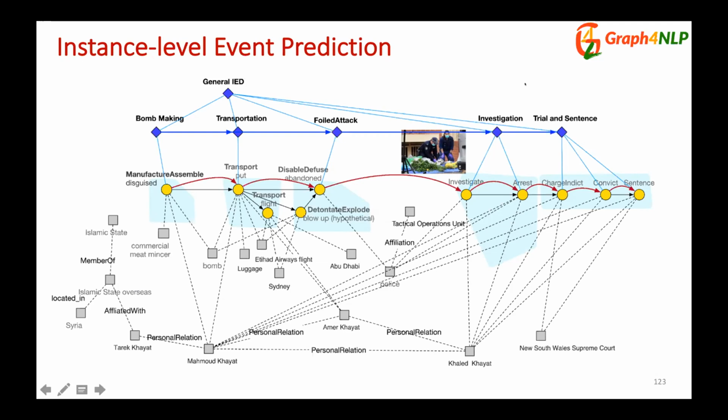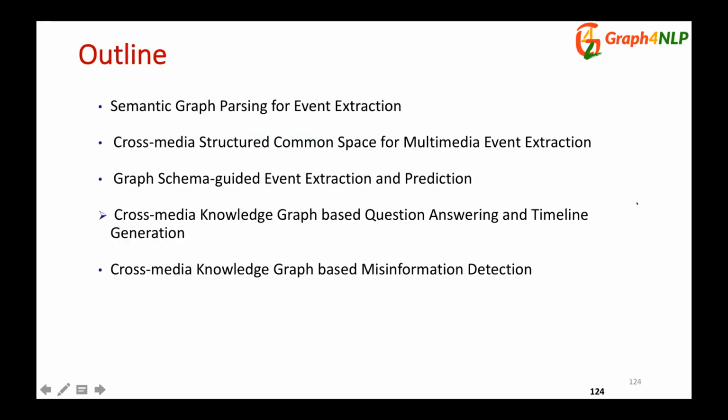For example, if we don't have the charge and sentence events in the input article, we can predict the whole chapter, and we can also propagate this entity, because this person has been involved as a target for investigation. So we know this person is likely to be the entity that should be charged, convicted, and sentenced. You can see that's really opening up some new directions once we have the graph structure.